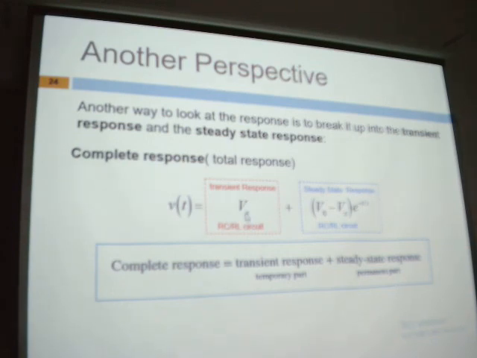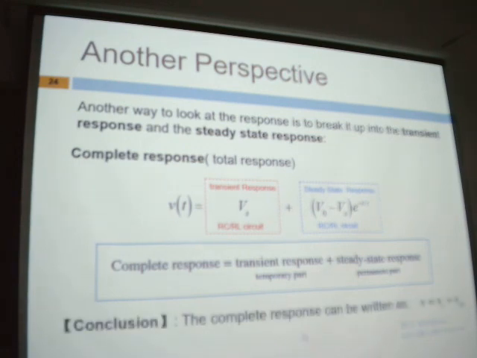Before this introduction, we could separate the complete response into natural response and forced response. Now I introduce another way to understand it. This time we call it the transient response and steady state response. The complete response can be written as v equals vt, t for transient, plus vss, ss for steady state.